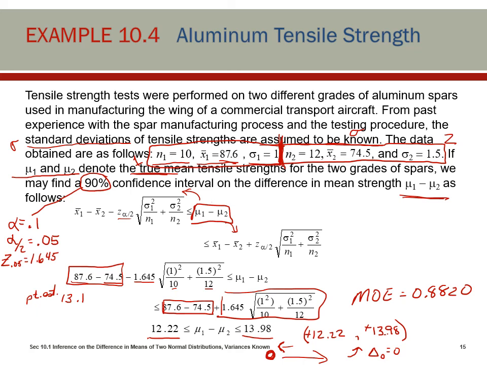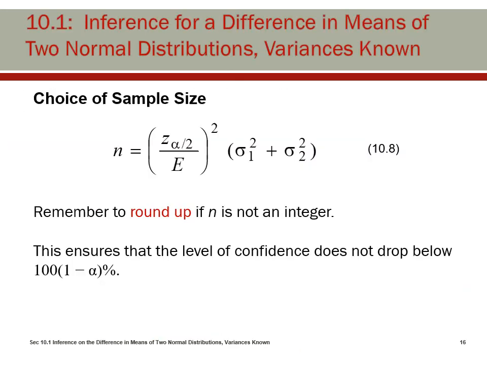If you're asked how you would answer this with a confidence interval versus hypothesis testing, you're looking to see if mu naught, which is in this case now delta naught, the difference in the means, if that 0 is inside of the confidence interval.